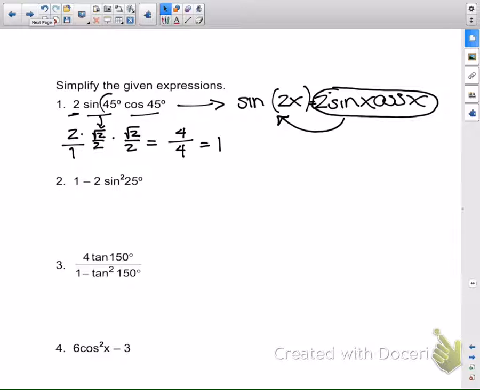What if this wasn't 45 degrees and I didn't know that from my unit circle? Okay? Then I want to use the formula. So what we can do instead is say, if we recognize that this looks like this, our formula says we can simplify that to the sine of 2 times the x value. What is the x value from the original problem? 45.